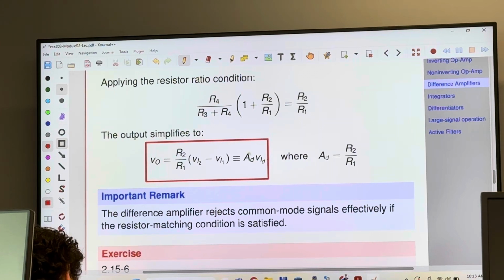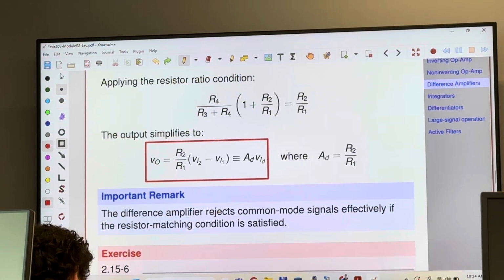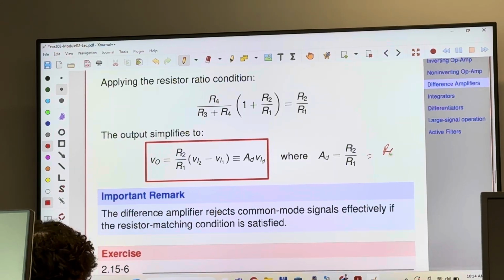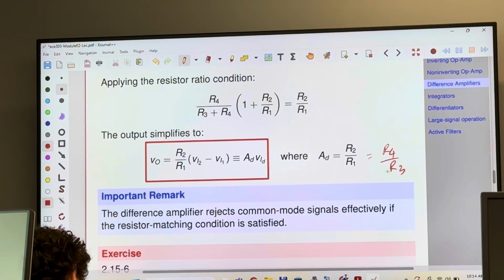And this gain is simply R2 over R1, which is basically R4 over R3. It's the same, because we have the resistor condition.